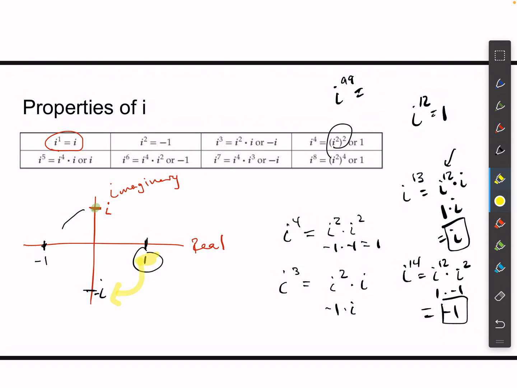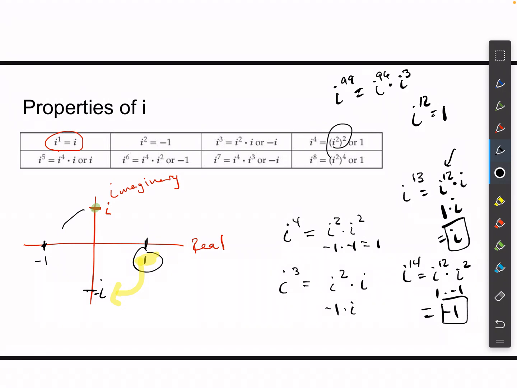So I know this is -i, but another way that you could find that is you could say, okay, 4 goes into that. Let's see, this is the same thing as i to the 96, and 4 goes into i to the 96, so that's equivalent to 1. And then you would say times i to the third.